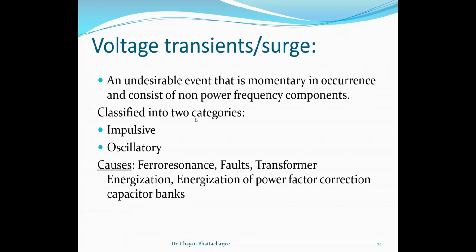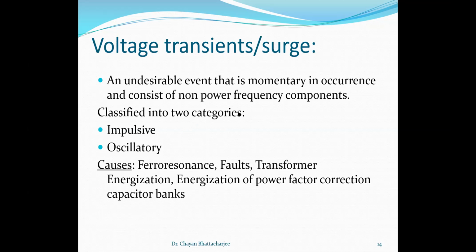Now we will discuss these power quality problems. First is voltage transients or voltage surge. What is this? It is an undesirable event that is momentary in occurrence and consists of non-power frequency components. Non-power frequency components can be integral multiples of the fundamental frequency, or high frequencies which have no relation with the fundamental frequency.